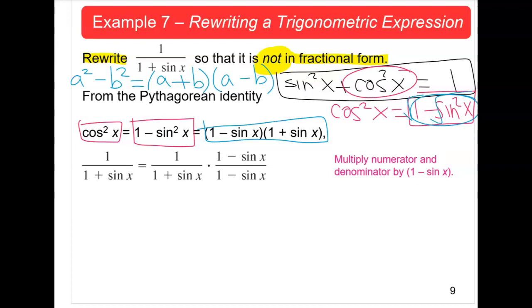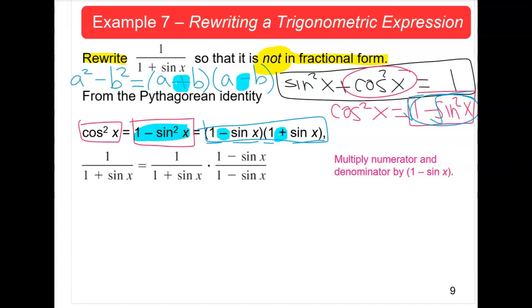You could see them here, sine x and 1. The key is to keep in your binomials a positive and a negative sign. So negative, positive, it doesn't matter the order. And that's how we factor a difference of squares.